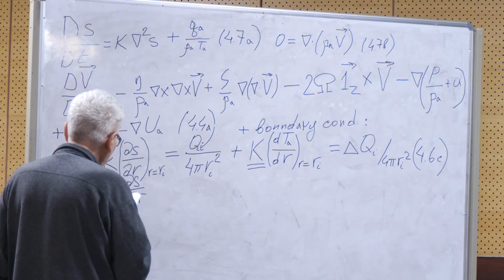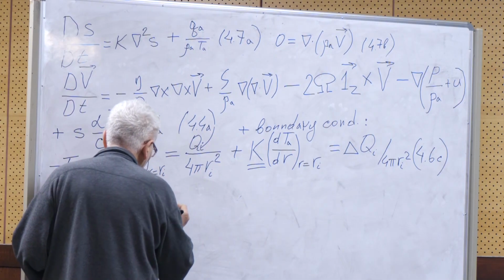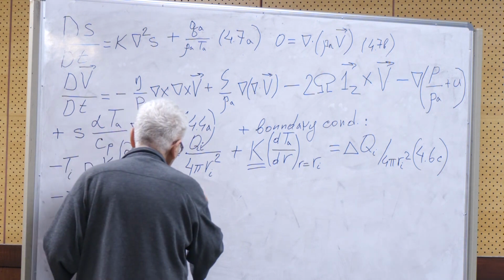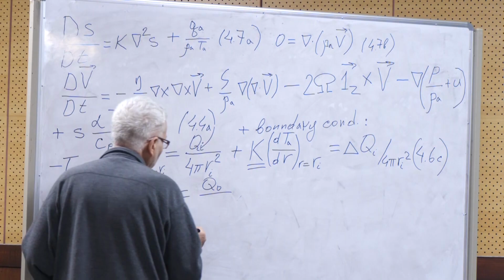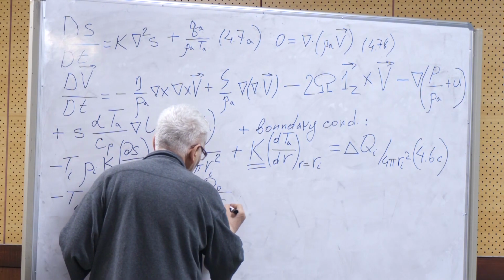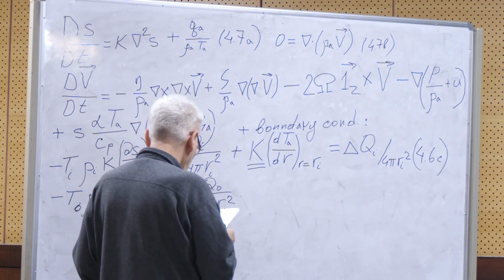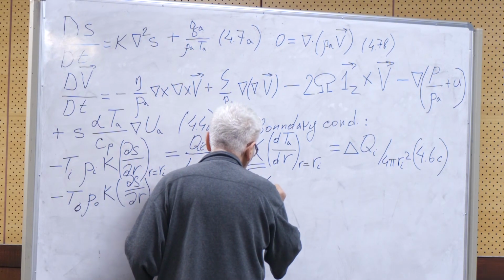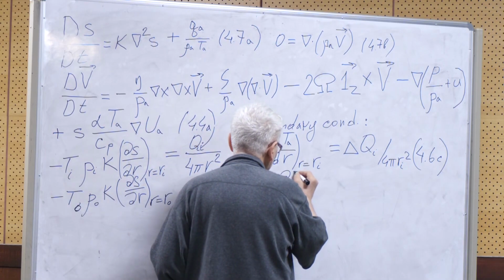And then we proceed further, R equals R_O, and here we have the output heat flux times R_O squared, and then again this capital K and the adiabatic temperature.